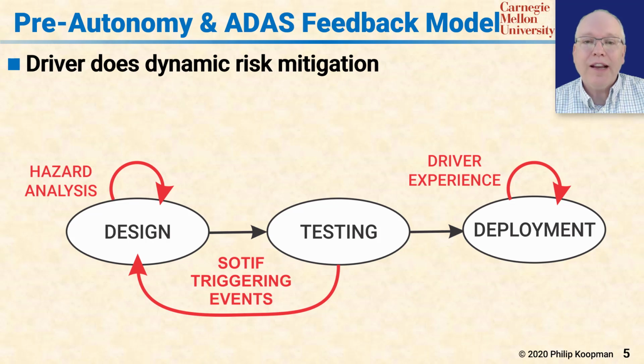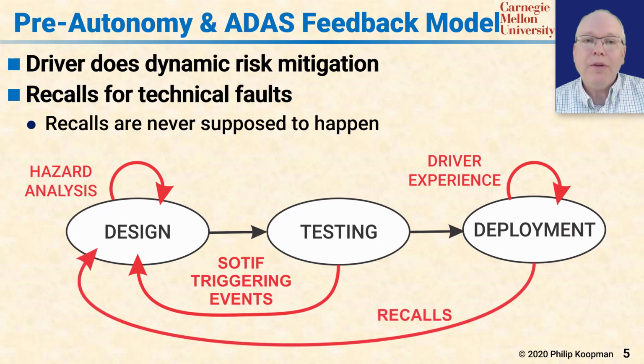The driver will do dynamic risk mitigation, but there are going to be recalls for technical faults that it is impossible or unreasonable for a driver to mitigate. Recalls are never supposed to happen, but they do happen all the time because of technical faults in system design. That's not going away when you have ADAS, and so you can expect to see some more recalls going back to design. Currently, this is the world we live in for pre-self-driving cars.